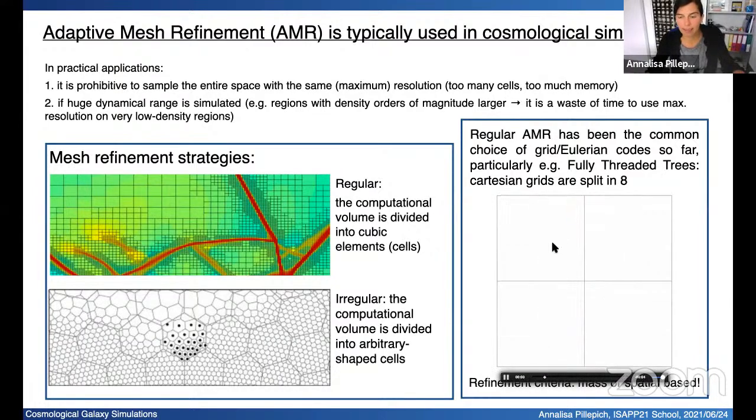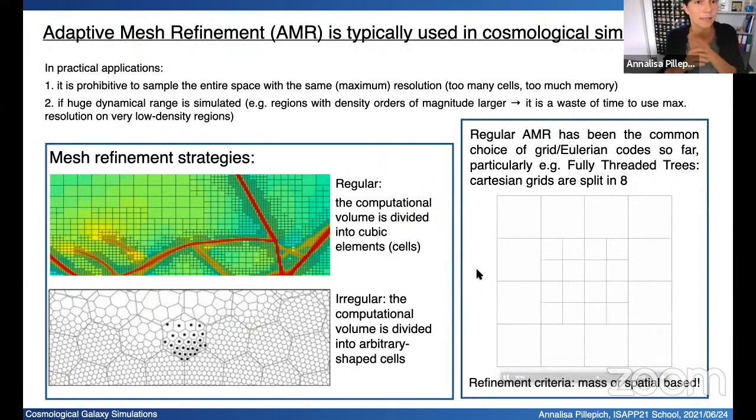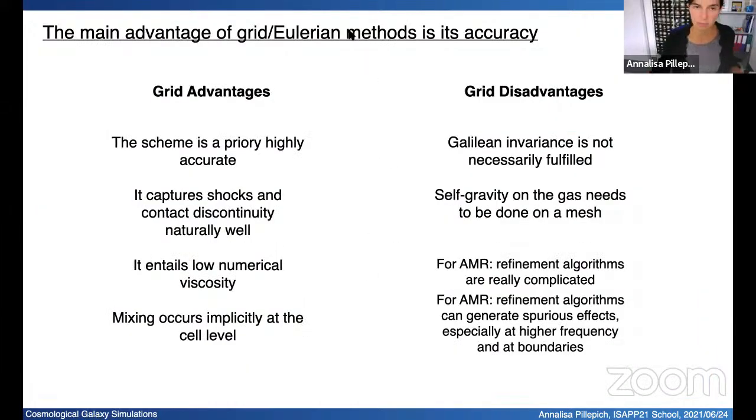And the refinement criteria can be based on requiring that, say, every cell, so for example, that every cell always samples more or less the same amount of mass. This is a possible mass-based refinement scheme. So there are many advantages of grid codes.